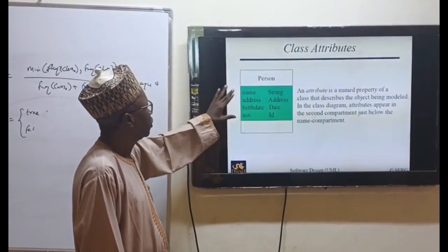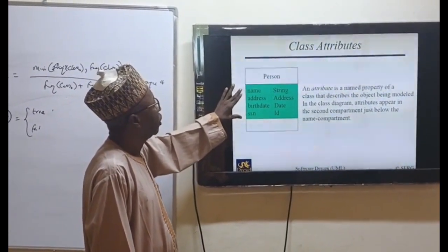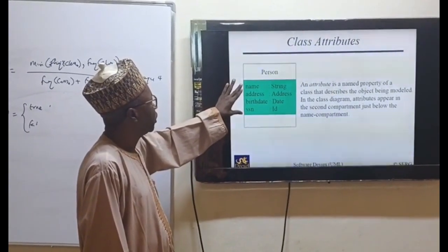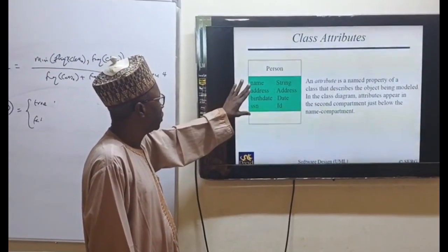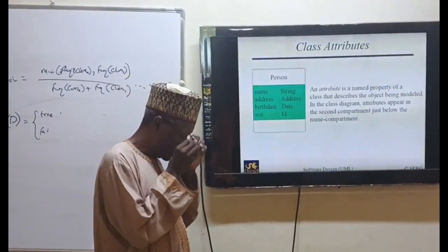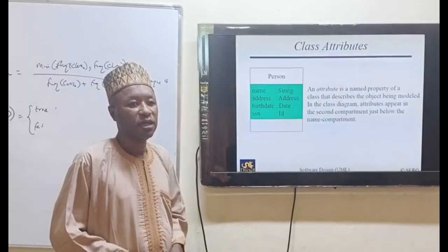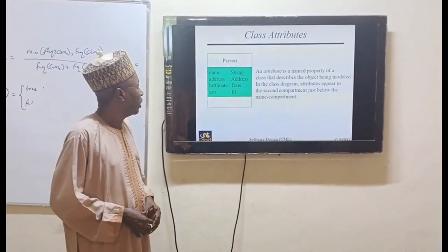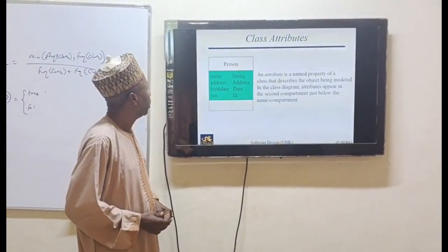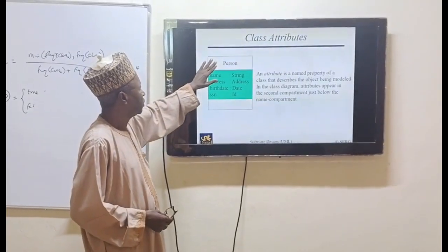And then this is the second compartment where we can write the attributes. So the attributes describe properties that a class or an object can have. In this example, the name of the class is person.